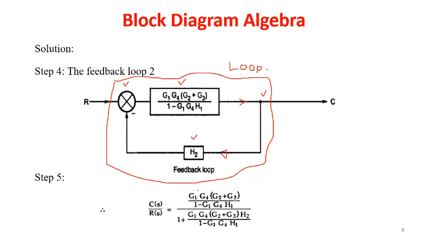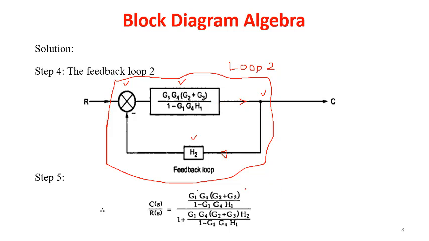So when we see the loop 2, we are having one forward block. We have to make the formation of a canonical form. So for that we have to identify there is one forward block, one takeoff point, one feedback block, and one summing point. Hence, how to go forward?